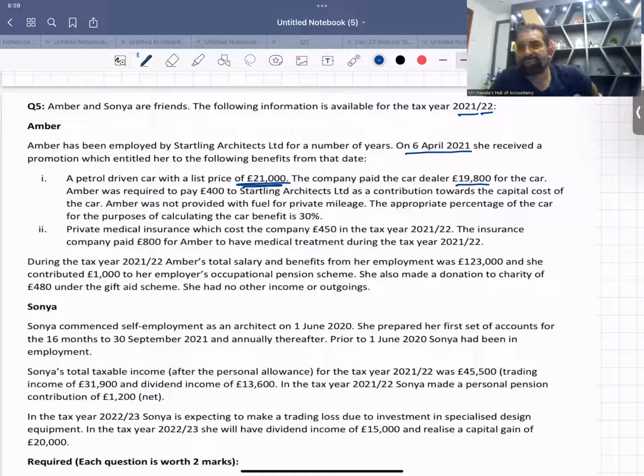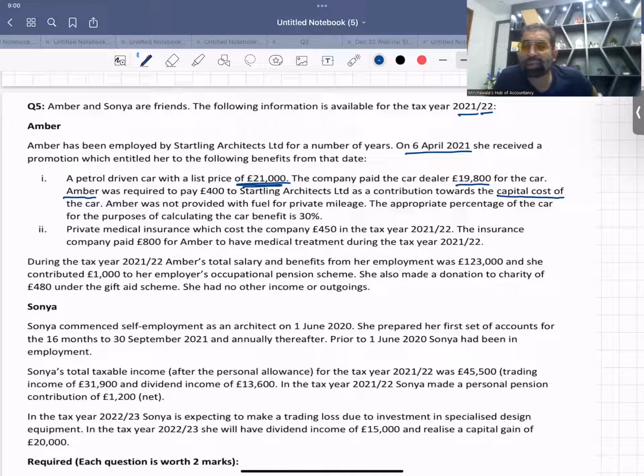Now you tell me, which price will we take for the car benefit? Very easy. 21,000. Remember, I taught you before about trade discount. Now, Amber, the employee, was required to pay 400 to Starling Architects as a contribution towards the capital cost of the car.